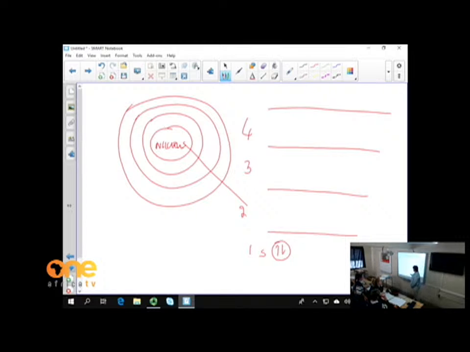So the first energy level has a so-called S sublevel. The second energy level, the second shell, has got 2 sublevels. An S sublevel and a P sublevel. Now these sublevels have to do with the shape of the path the electrons follow when they go whizzing around the nucleus.